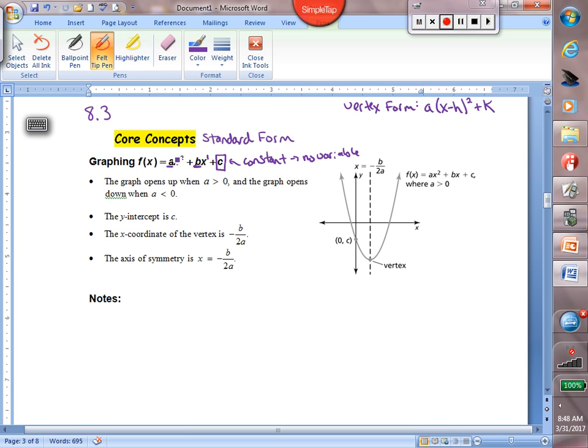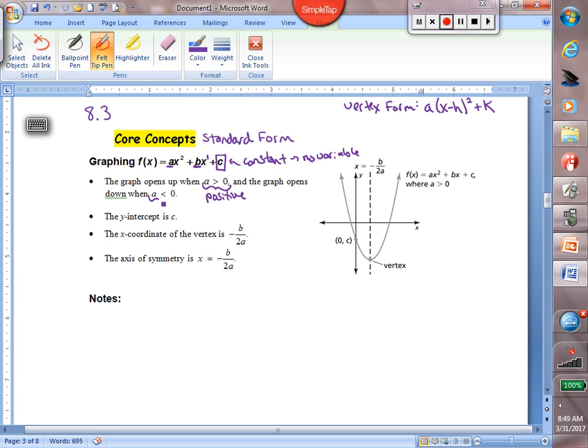Just a couple of things for us. That a value can still tell us, just like it did in vertex form, whether we're going to have a reflection or not. Or in other words, will our graph open up or will it reflect and open down? The graph will open up when the a value is greater than 0, or in other words, when it's positive. Just like with vertex form, when our a value, the number in front of the squared term, was positive, our parabola opened up.